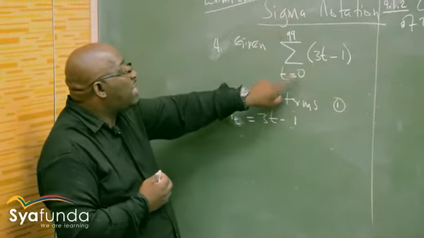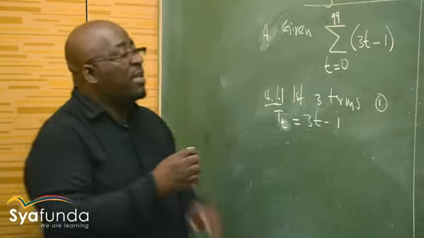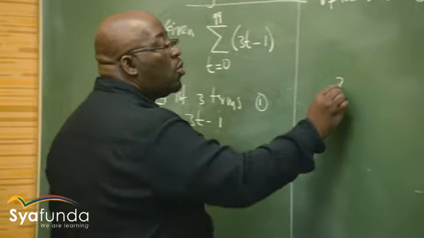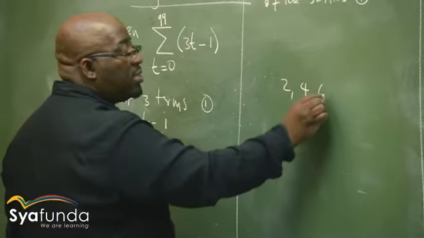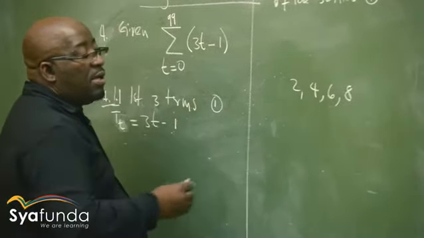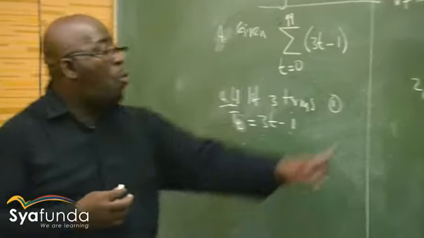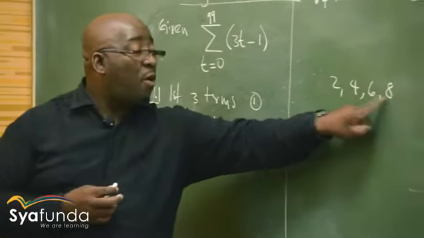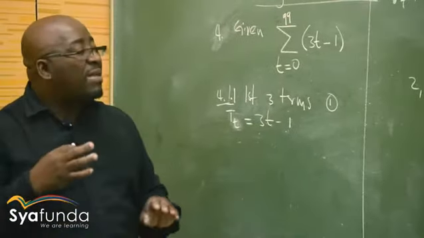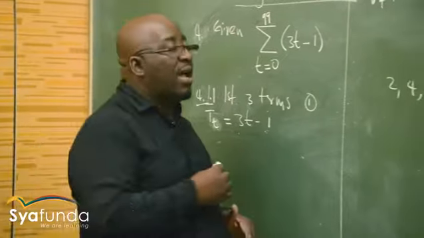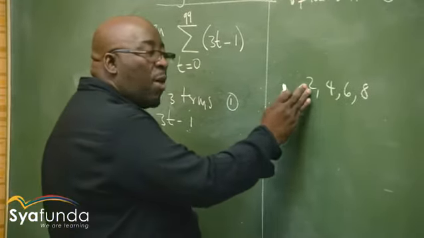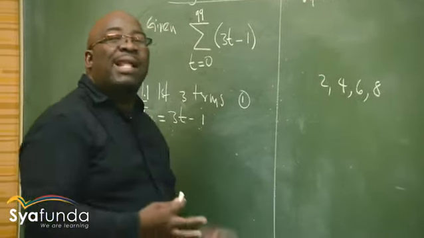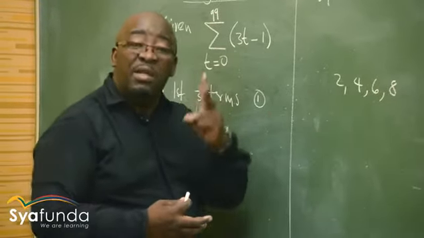Siqala ukubala from term 0. If nginama terms amangaka, 2, 4, 6, 8. Nginama terms amangaka lapha 1, 2, 3, 4. Ngiqala ku-term esingaka uku-adda. If ngithi mina ngineza ama-term 1, 2, 3, 4. Kodwa ngicela ungihlanganisele lama-terms uqale ku-term yesibili.